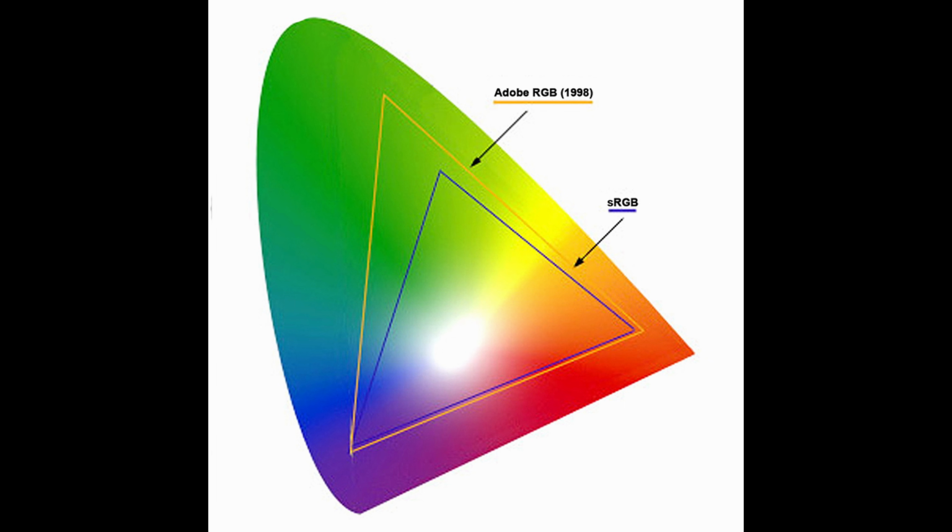Now, the ones that are of interest to photographers, starting from the smallest colour space, so the least number of colours, is sRGB.